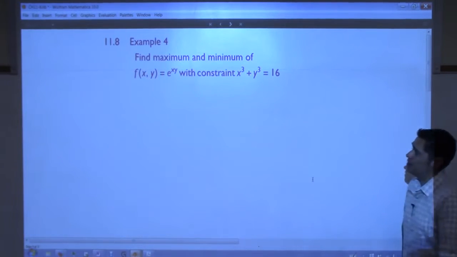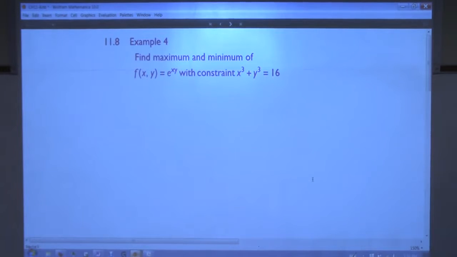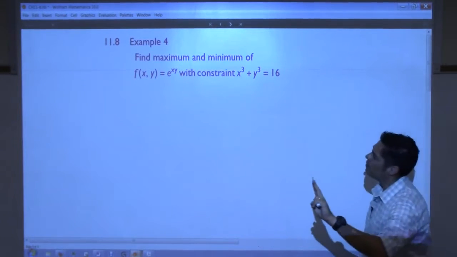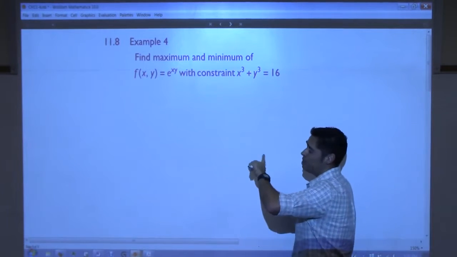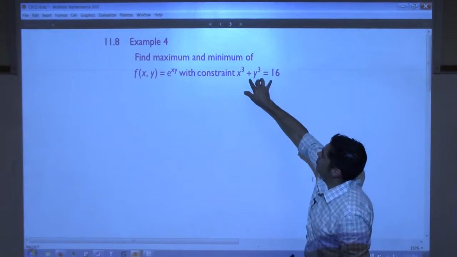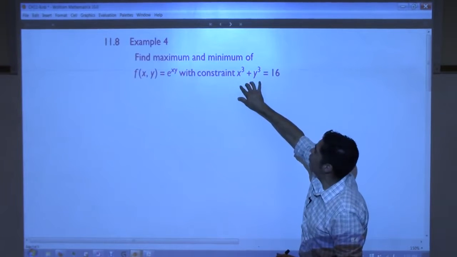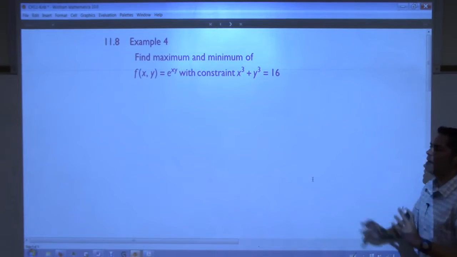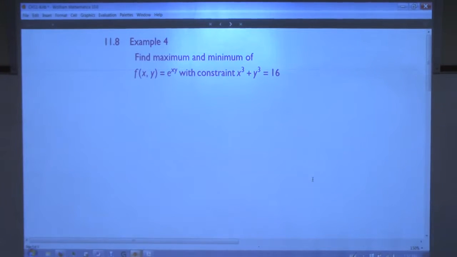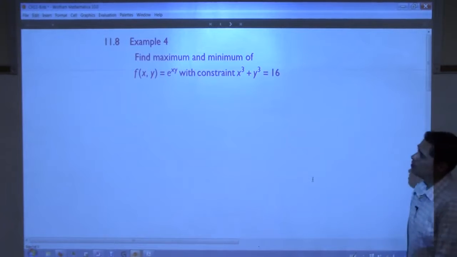Here's our constraint: x cubed plus y cubed equals 16. We should have Lagrange multipliers for sure because this is a constraint equation, right? We're not given an unrestricted domain. We're not given a closed bounded set. This is just a curve, really, on the ground.